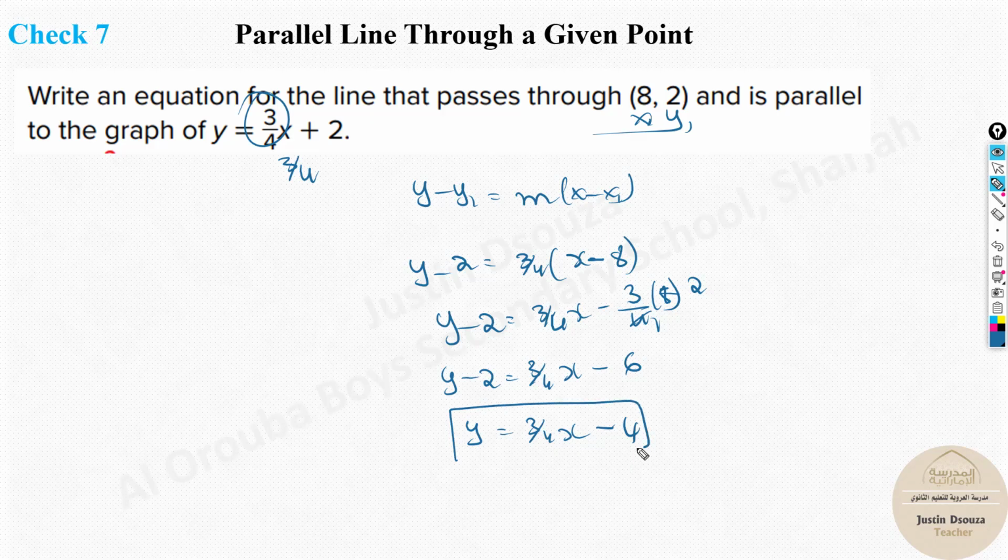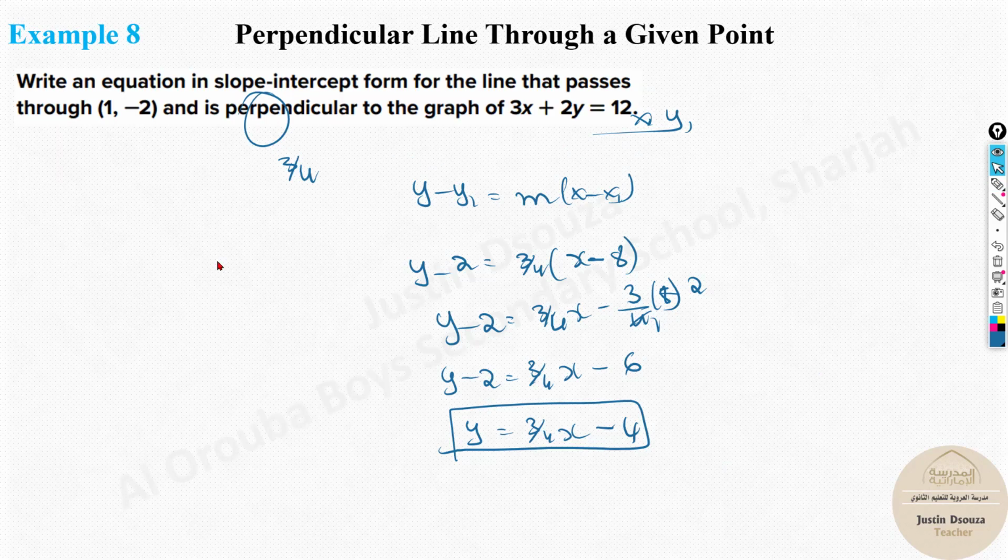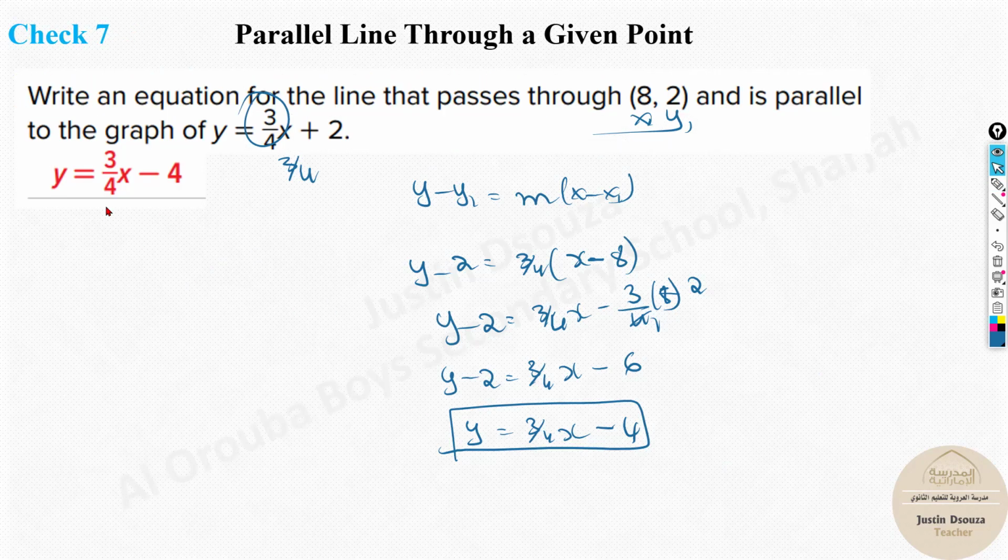So this is the particular slope equation. Now the line which is parallel to this particular line means the slope is the same, and that particular line passes through 8 and 2. That means this must be the equation. Okay, so it is positive 3/4 x minus 4. It doesn't matter which point you take, any method, you will ultimately land up with the same answer.